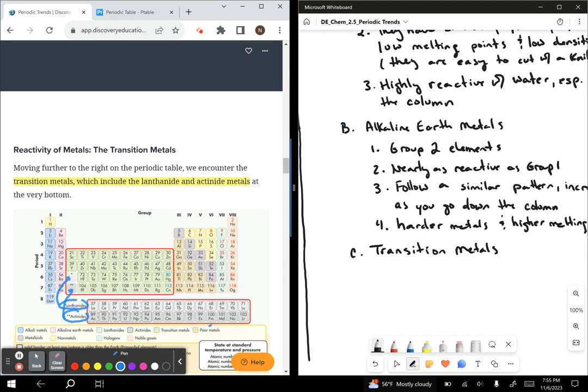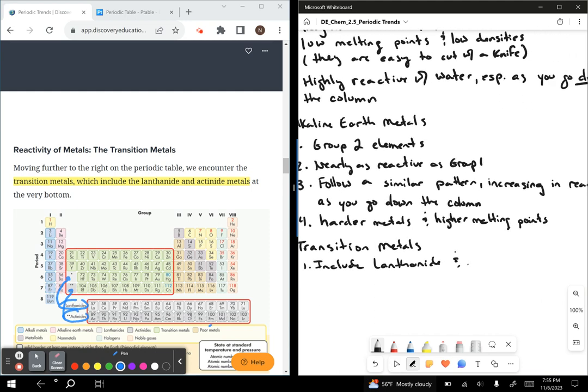So they include the lanthanide, which were your rare earth metals, and actinide elements or metals.